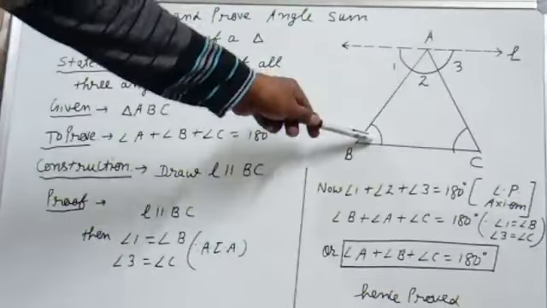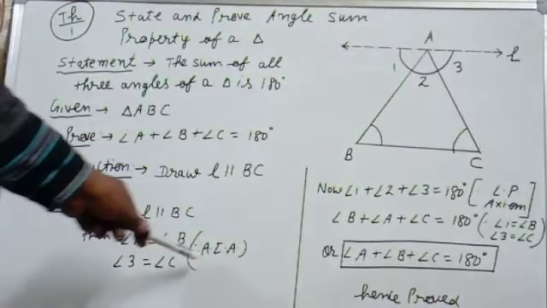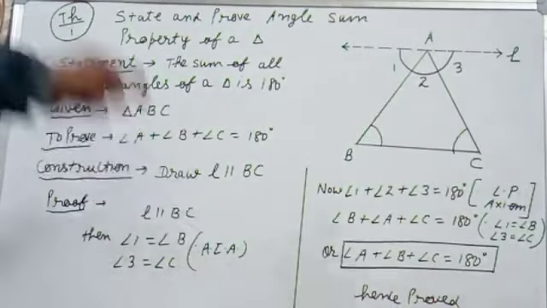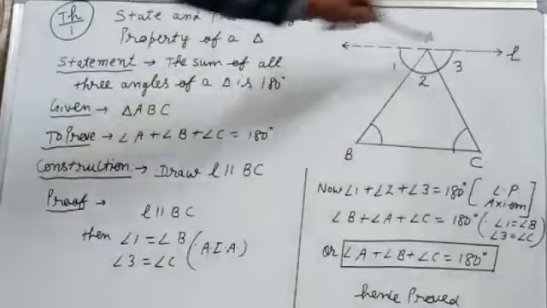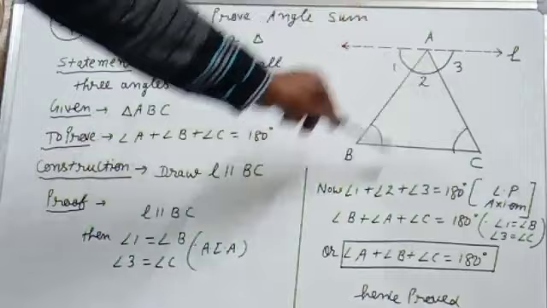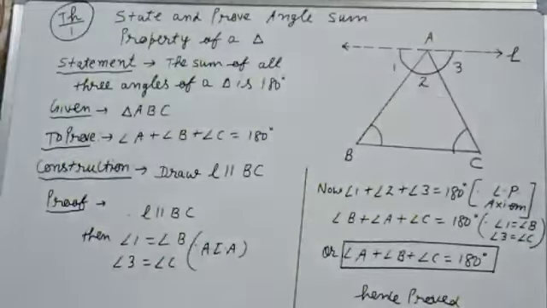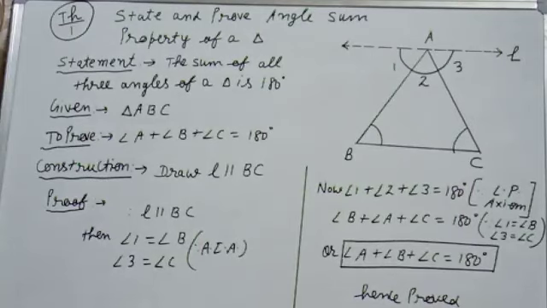So angle 1 will be equal to angle B and angle 3 will be equal to angle C. Reason is alternate interior angles. Now this is a straight line. So the sum of these three angles, angle 1 plus angle 2 plus angle 3, will be 180. Reason is linear pair axiom. Since there are more than two angles, we wrote axiom.